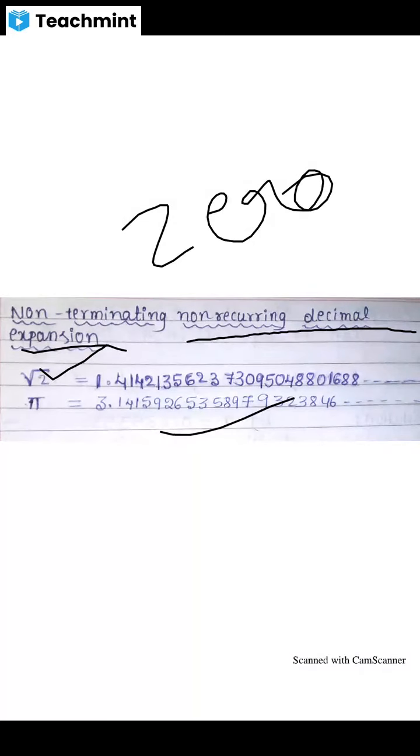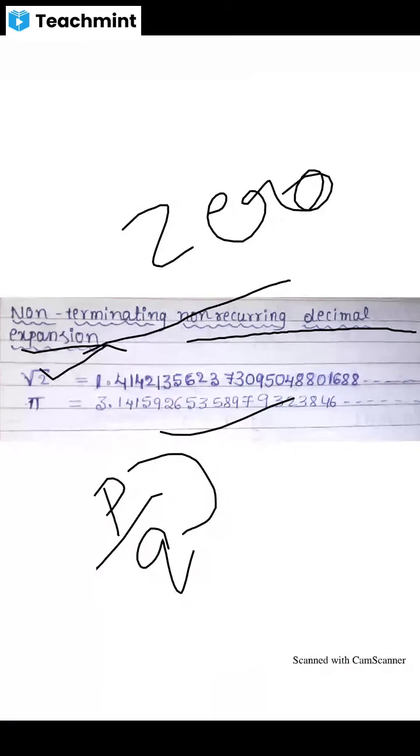Also, we know one thing: these types of non-terminating, non-recurring decimal expansions we cannot express in the form of P divided by Q, where P and Q are integers and Q not equal to 0.